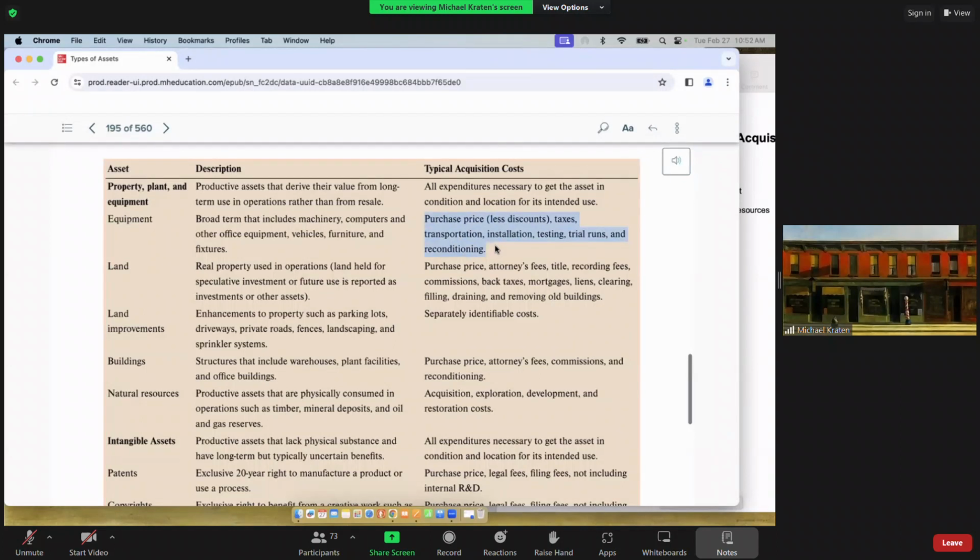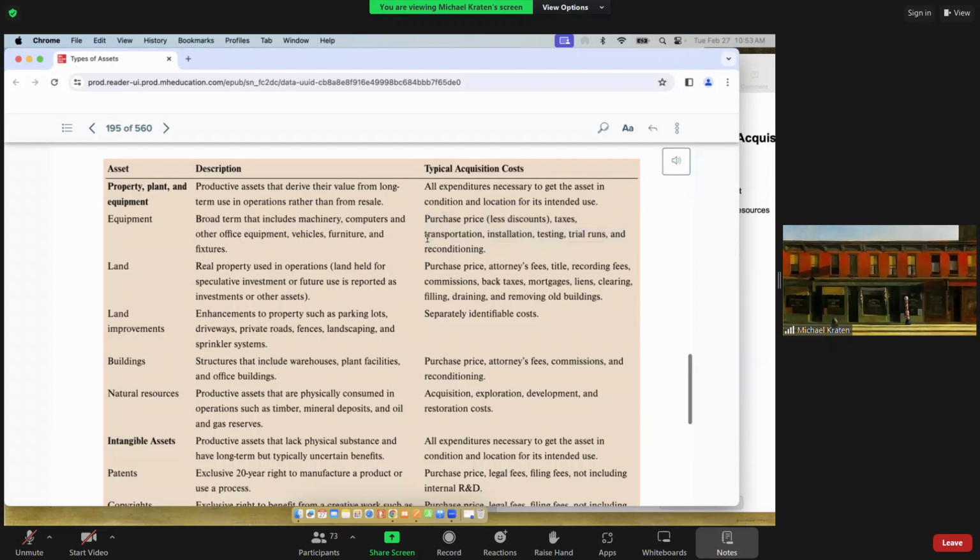What are all the different expenditures that you have to make to get equipment not only purchased, but ready to be used? Well, you might have to pay sales tax. You might have to pay for shipping. You might have to pay someone to install it. You might have to pay someone else to test it to make sure that it works. You might have to pay someone else to take it on a trial run.